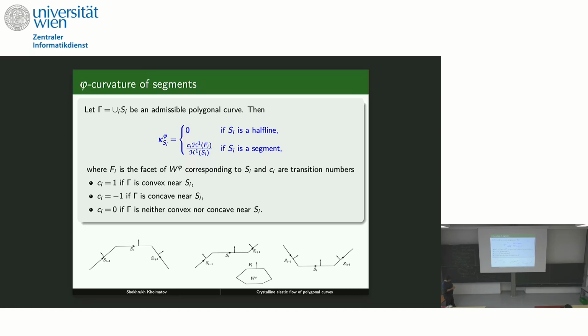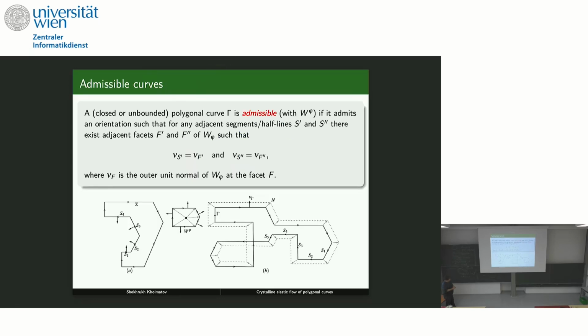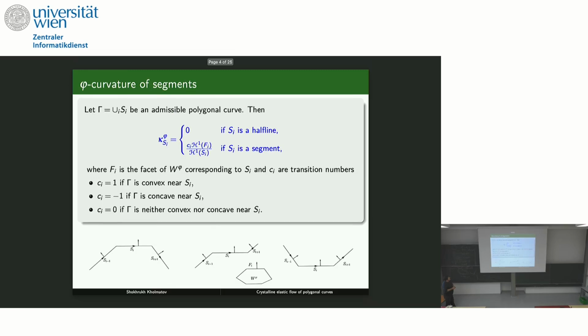And then I have to multiply by so-called transition numbers. These transition numbers mean: if I am transiting from i minus 1 to i in the convex way, then this will be 1. If it is concave, then it is minus 1. And if it is neither convex nor concave, then it is simply 0.